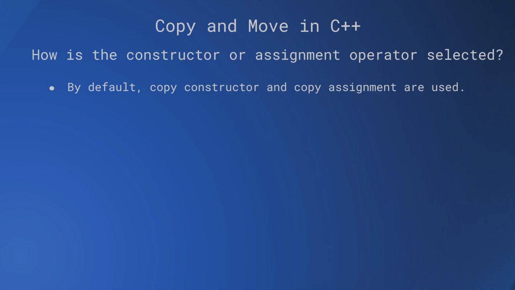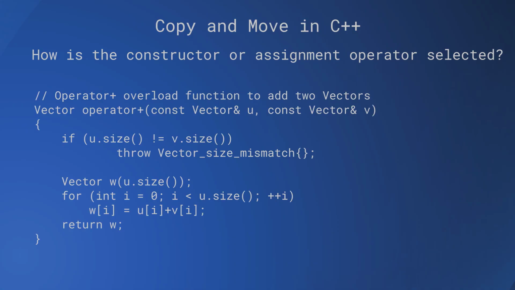In case of move, data is moved from the source to the destination, resulting in loss of data at the source. So a compiler generally cannot decide whether a variable won't be required later on. But in one case, there is no ambiguity. Consider the example, which is a plus operator overload function to add two vectors u and v.